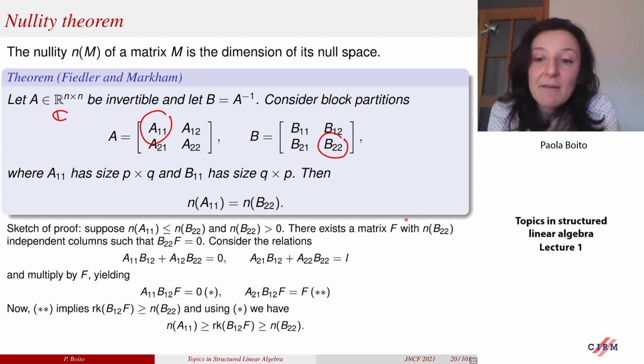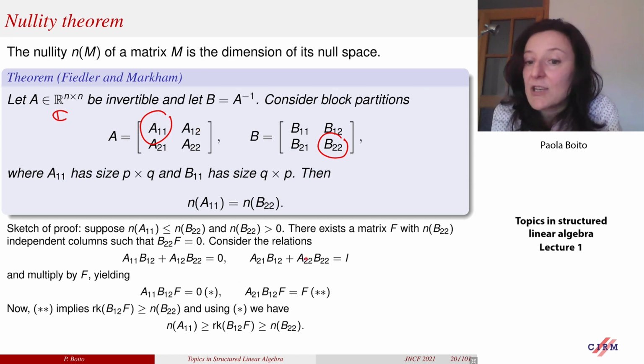Then there exists clearly a matrix F with n(B22) independent columns, such that B22 times F equals 0. Because if B22 has nullity n(B22), then it's able to kill at most n(B22) independent columns in a product, right?